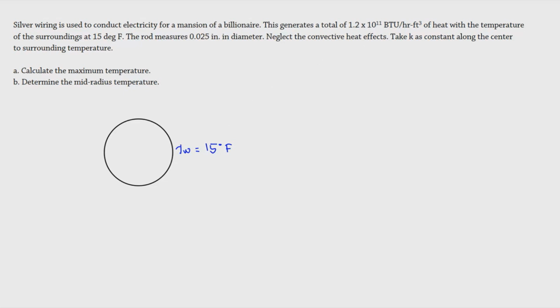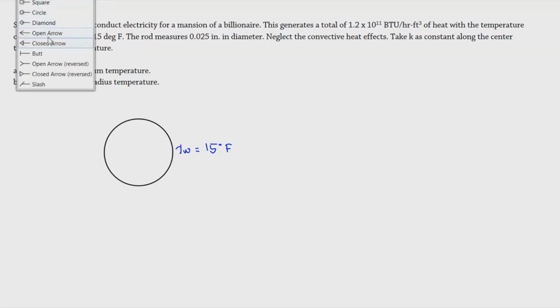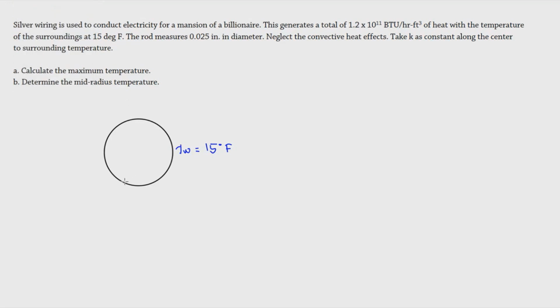Now the rod measures 0.025 inch in diameter. This is very important, since we've been using radii before, and in this case we're given the diameter, and we know very well that the diameter is 2 times the radius.